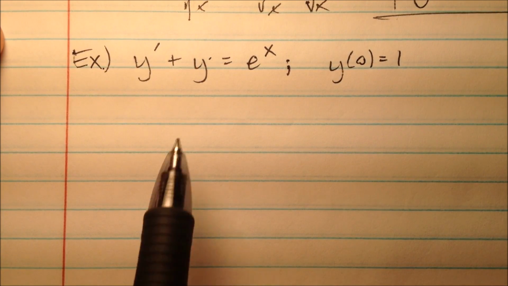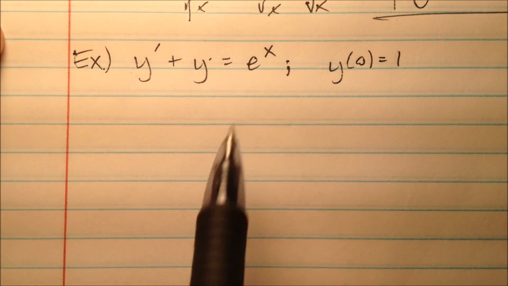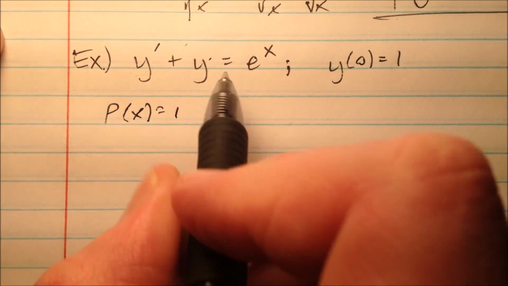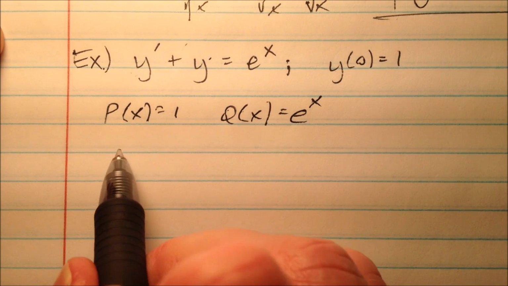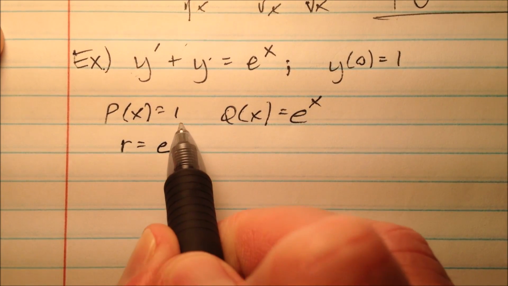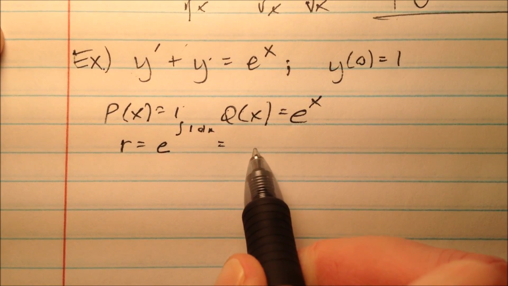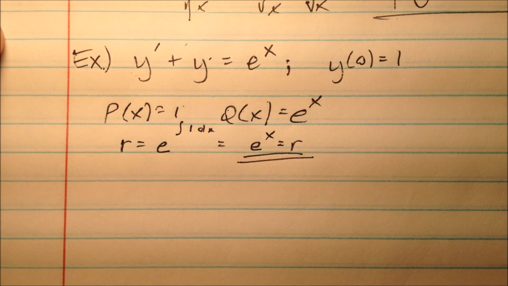And our fourth example is another problem with an initial condition. And this one's already in appropriate form, so I can just grab my values. P of x is just going to be 1, and q of x equals e to the x. So my integrating factor will be e to the integral of 1 dx, so it should just come out to be e to the x. That should be my integrating factor.